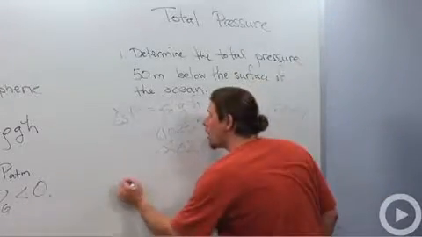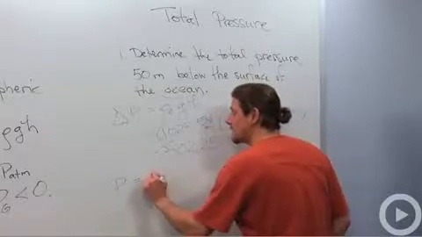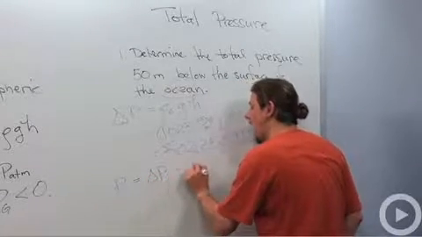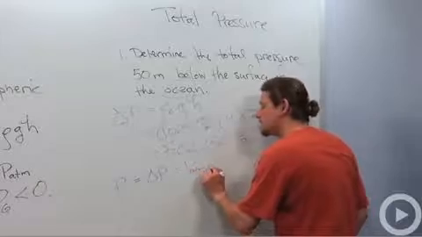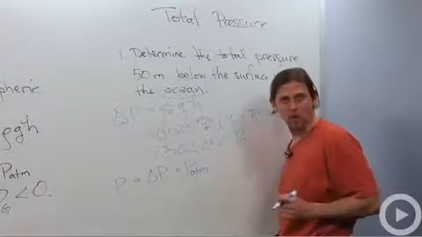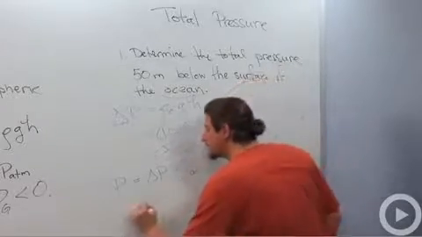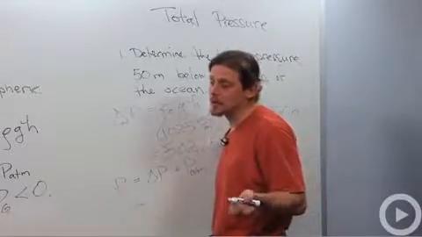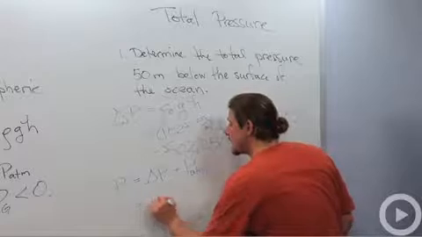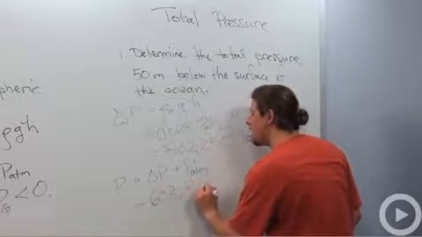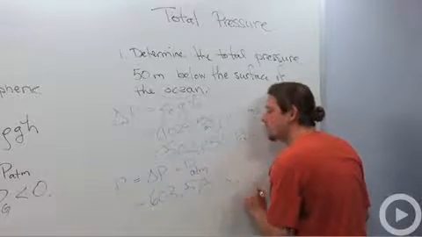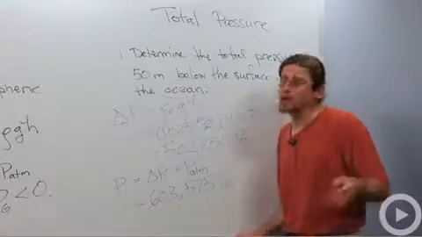If I want the total pressure, I have to take this change in pressure and add the atmospheric. Of course, atmospheric pressure is 101,325 pascals. And so when we add it together, we end up with 603,575 pascals. Okay, so that's total pressure.